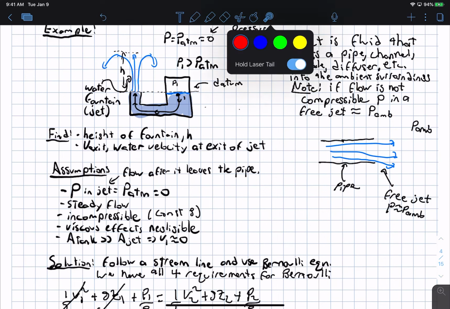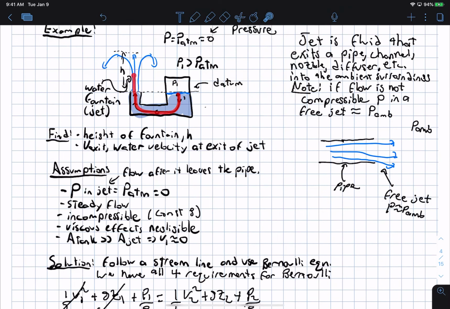But along all of those, we have the same streamline that we can follow. We use Bernoulli between this point and this point to find the exit velocity, and to find the height, we apply the Bernoulli equation between this point and this point.